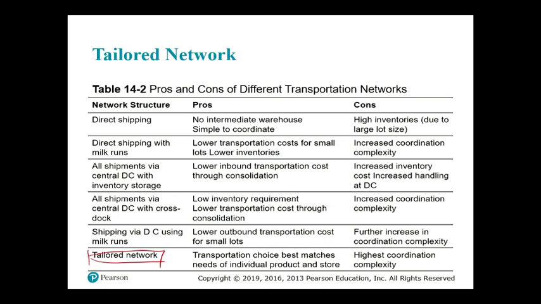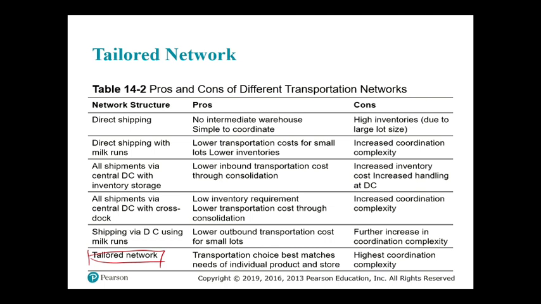And so this complexity of tailoring a transportation network is very high because there's many combinations of what's possible. And also we need to trade off different costs involved. Right?